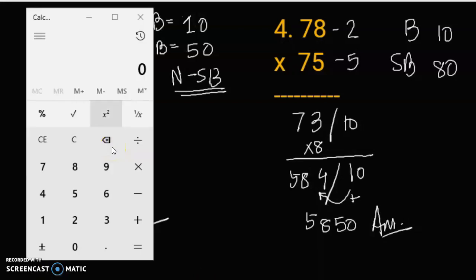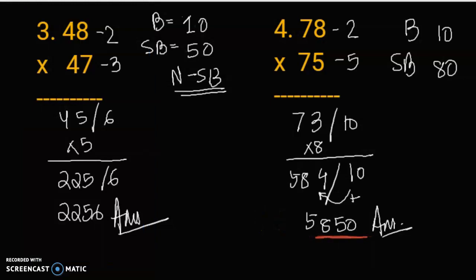Now, using my calculator, I will try to show you the results that we have obtained so far. First, number 4 was 78 times 75. That gives you 5850, and our answer here is also 5850.